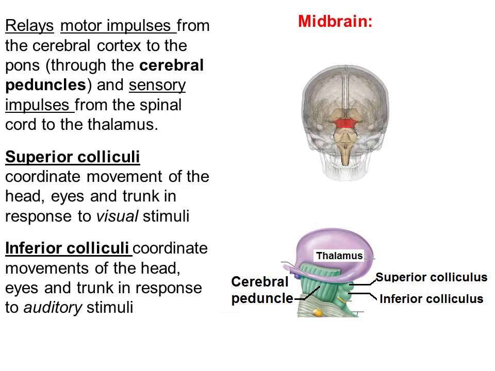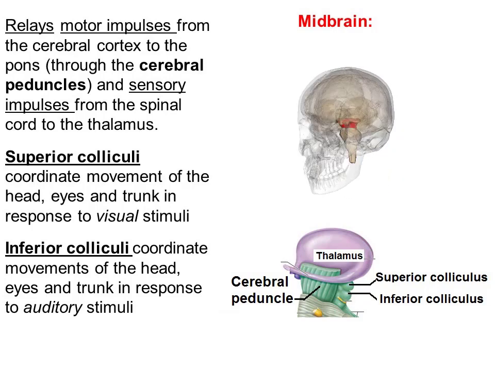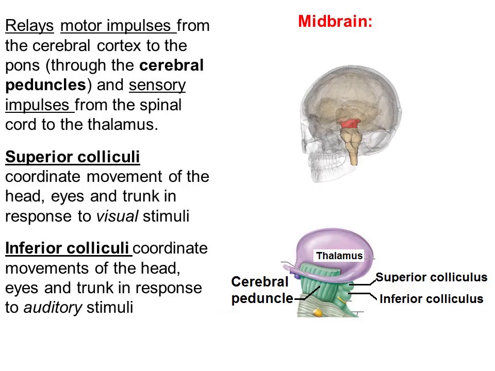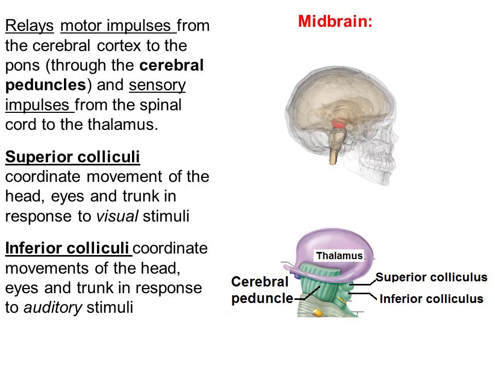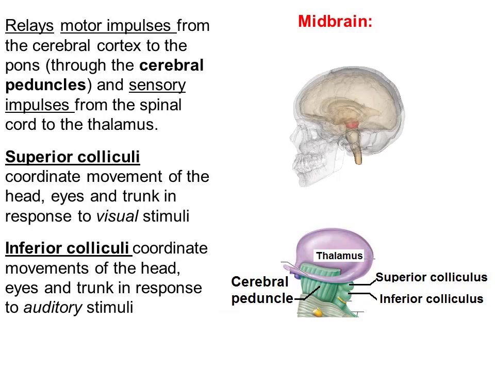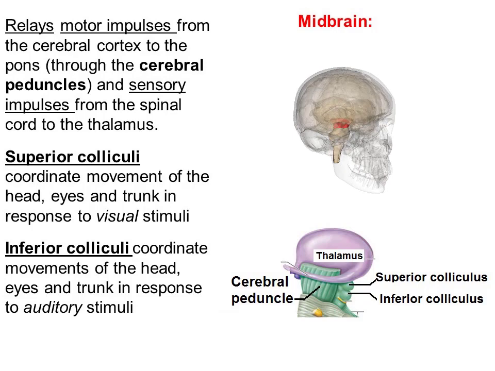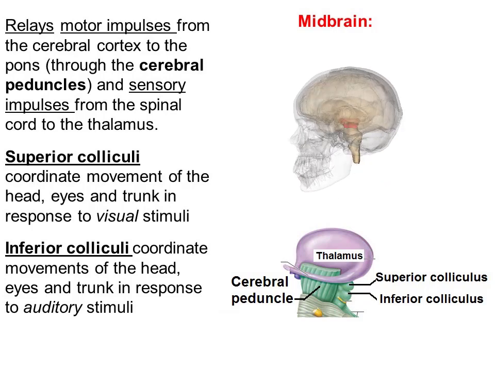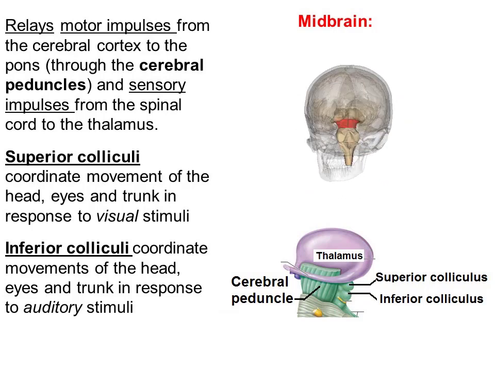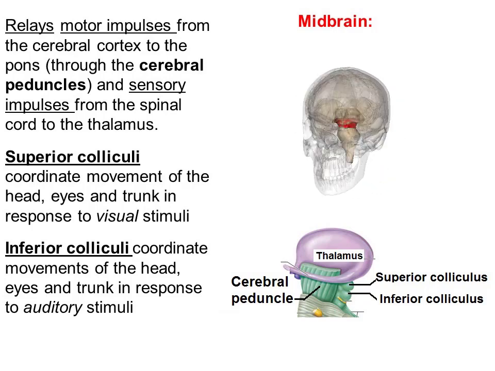So what we're going to see first, on the lateral sides of our brain stem, you're going to see these fibers running in a superior-inferior direction. These are going to be relays for both motor and sensory fibers. And so for motor activity, we're coming from these upper regions: the cerebrum, basal nuclei, diencephalon, down to the pons.